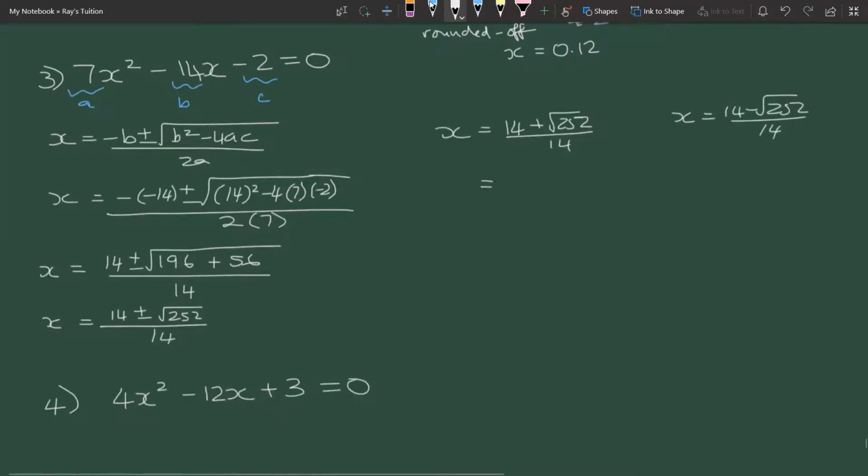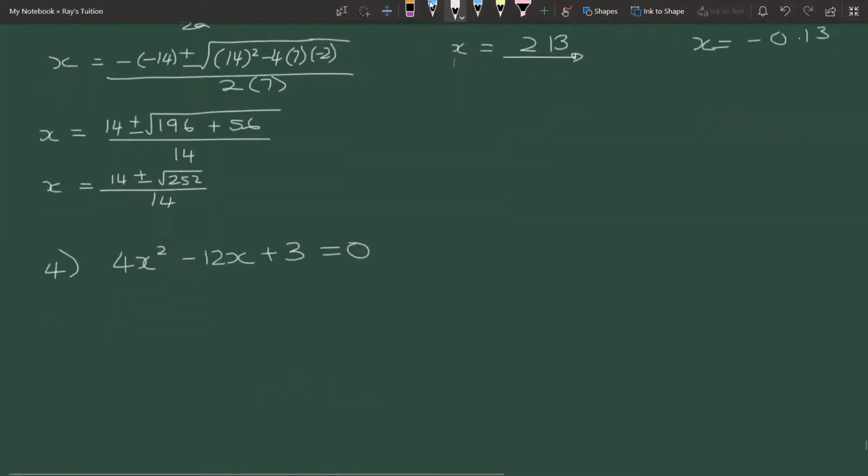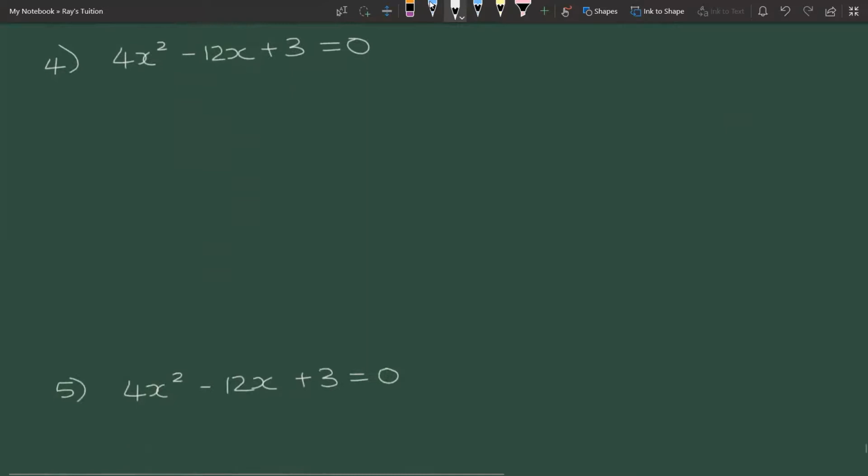I'm going to round it off to 2 decimal places. So 14 plus root 252 over 14 is equal to 2.13 to 2 decimal places, and 14 minus root 252 over 14 is negative 0.13. Okay, so you need to read the instructions to see which form they would like it in.